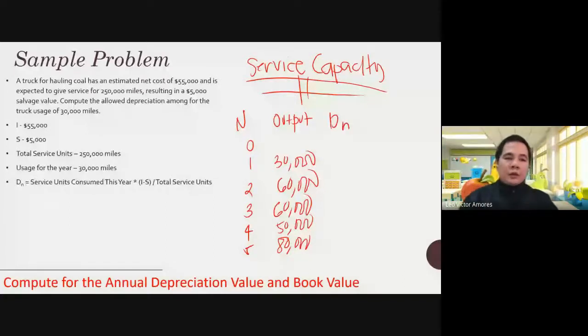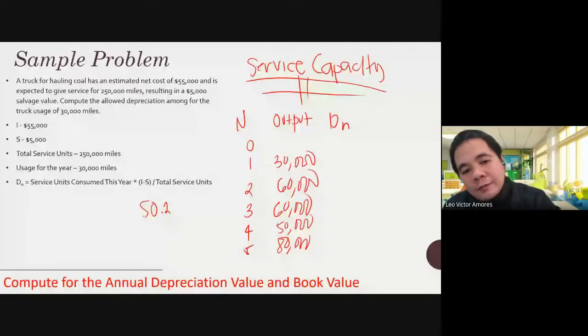So kung maingon tag 250,000 or 55,000 minus 5,000 divided by 250,000 miles divided by 50,000. 50,000 divided by 250. So, ang imong cost per mile diri is around 0.2 dollars per mile, no?